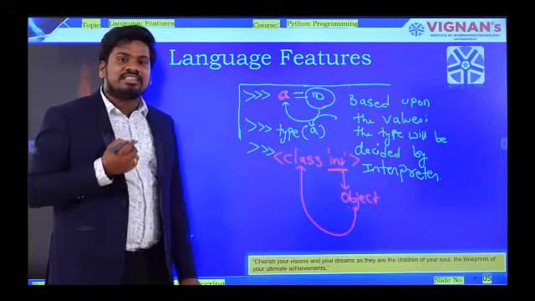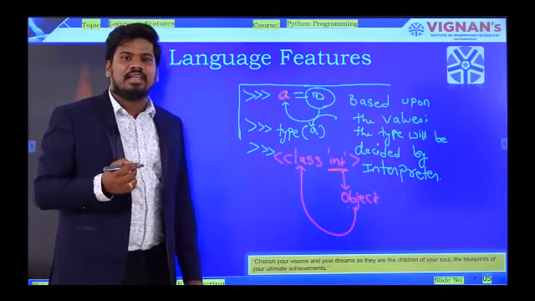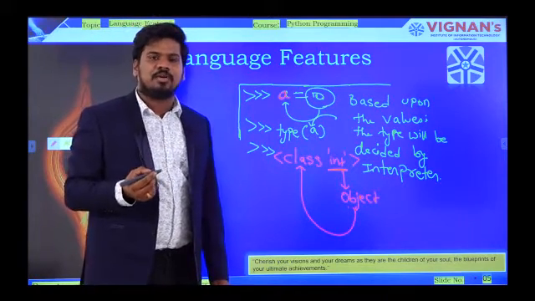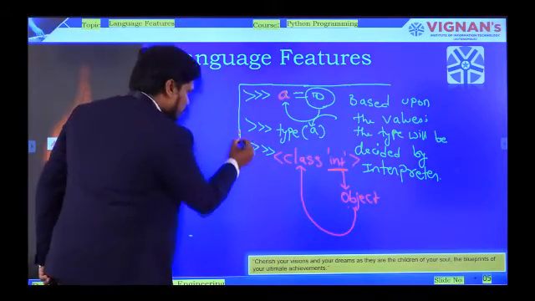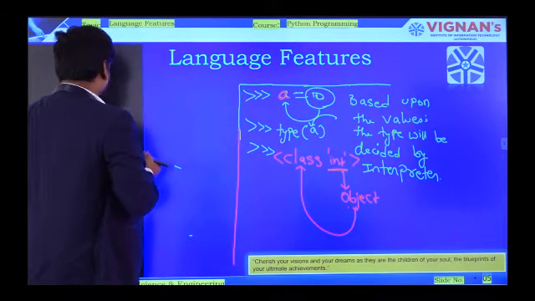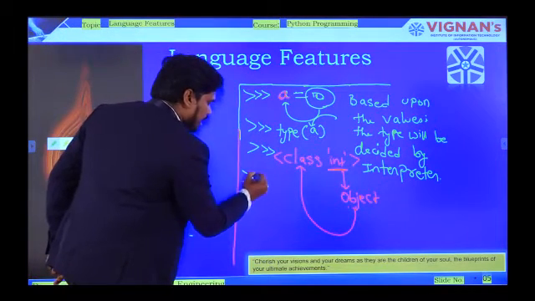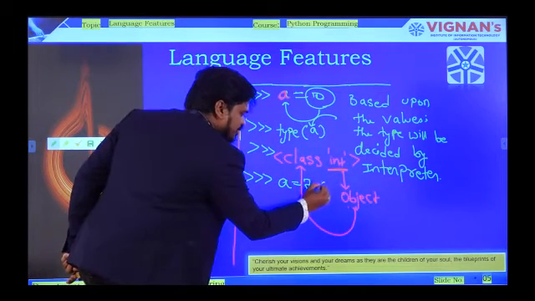And the second reason is, for example, I want to continue this program. Observe carefully. After this one, a is equal to 7.6.